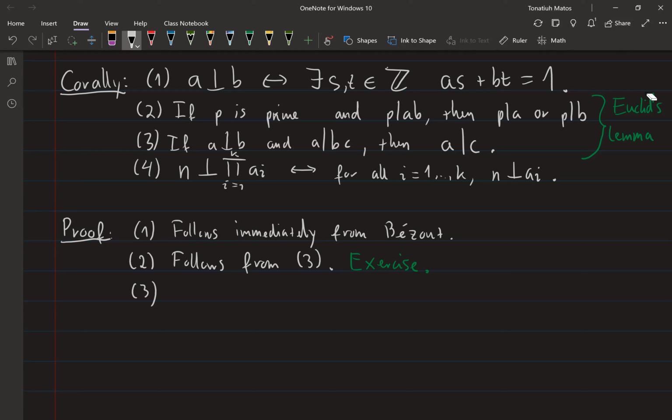You can let me know if you have questions or if there's anything confusing. Let's actually write down a proof for number 3 so that we are actually doing something, right? So how do we prove 3? Since A is co-prime with B, by 1, there are integers S and T such that 1 is SA plus BT.